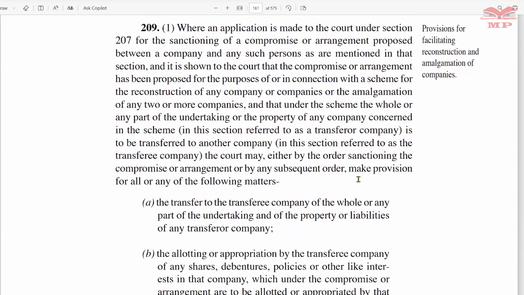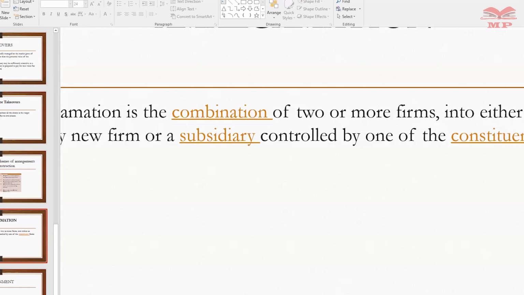And we had talked about amalgamation being synonymous with mergers. That is the combination of two or more, either into one, or one becomes a subsidiary of the other. So they blend together.